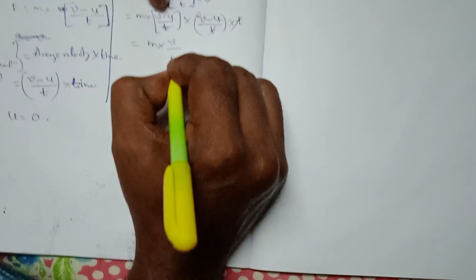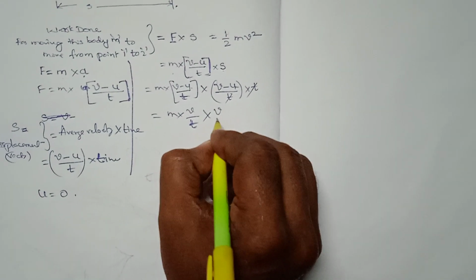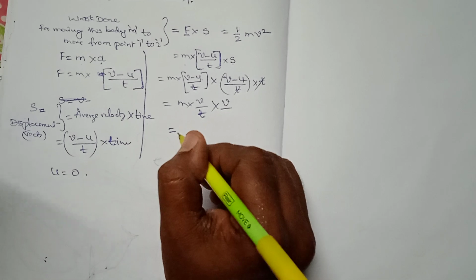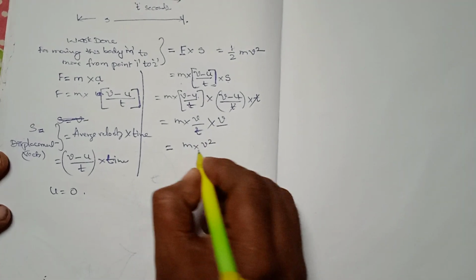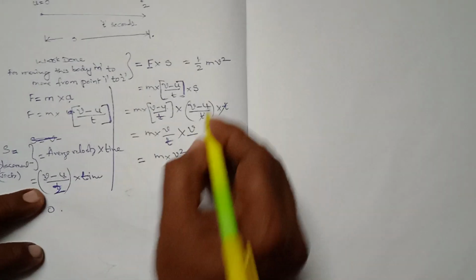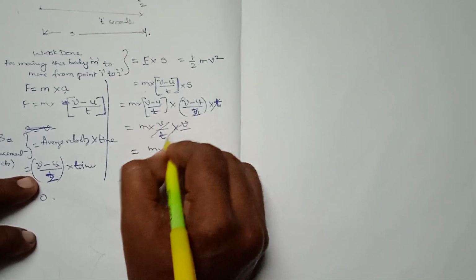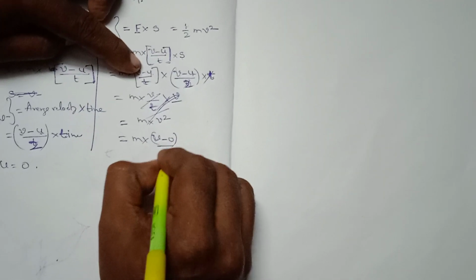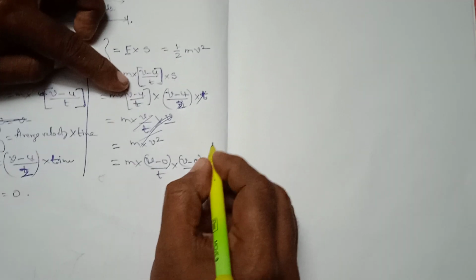So it is mass into v by t, into average velocity, which is (v plus 0) by 2, into time t.